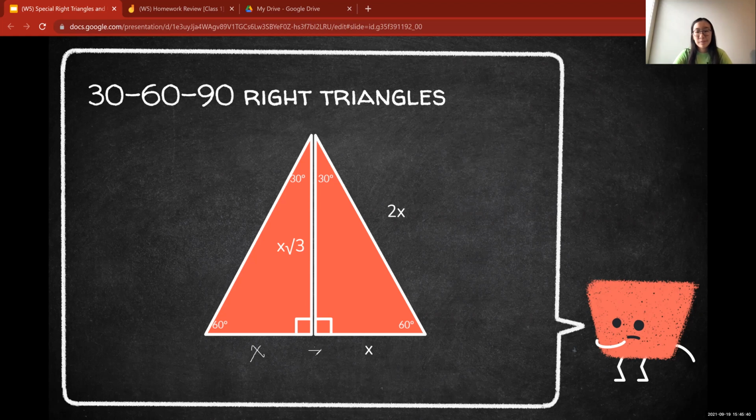Well, of course, we use the Pythagorean theorem. And so that tells us that x squared plus, we'll just say another variable squared, equals (2x) squared.